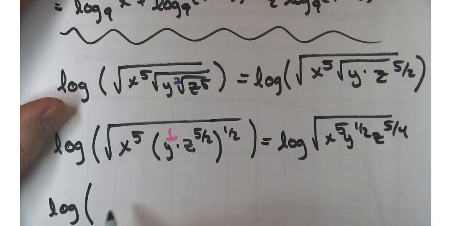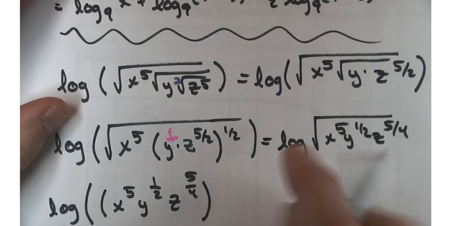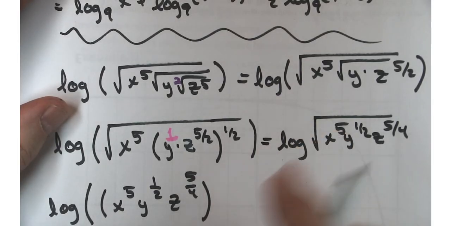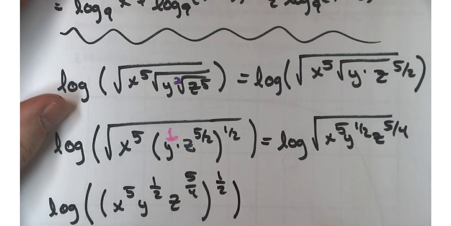So this is going to be x to the 5th, y to the 1/2, z to the 5/4, all raised to the 1/2 power. That last 1/2 is coming from converting the square root to an exponent. Whew.